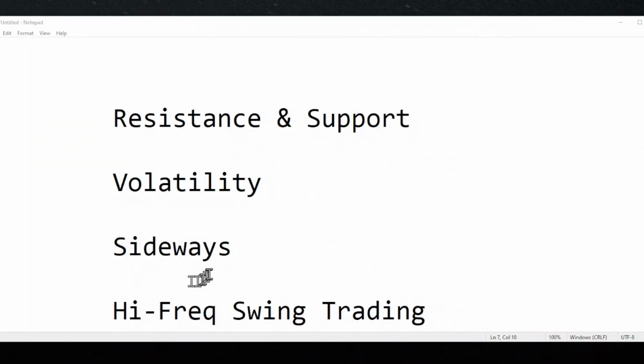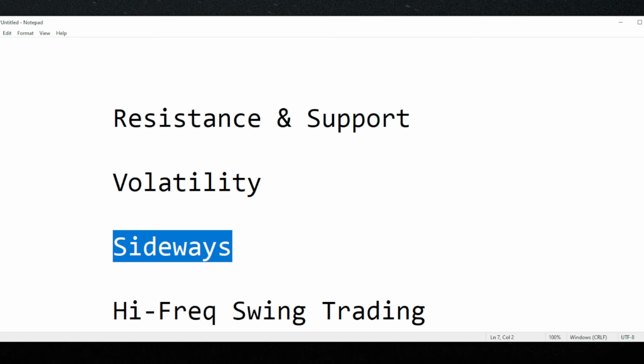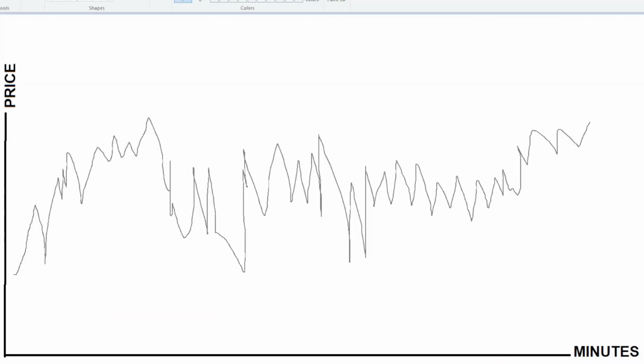I want to add one more term, sideways. Here's a stock that I would consider volatile. Notice the various swings. Some have upward trends, downward trends, and also sideways trends.